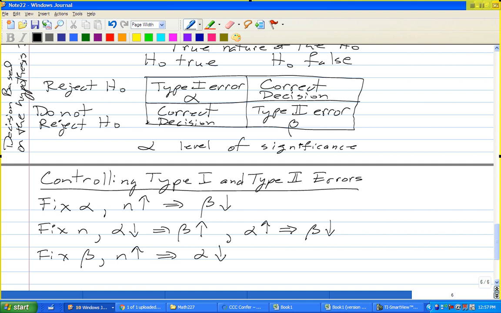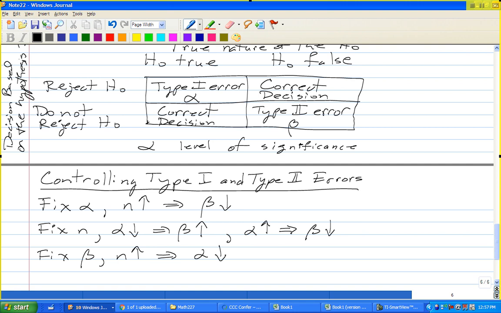And so what this means is that basically, if you want to improve things, increase your sample size. Okay. But in general, what happens is there's this play between type 1 and type 2 errors.